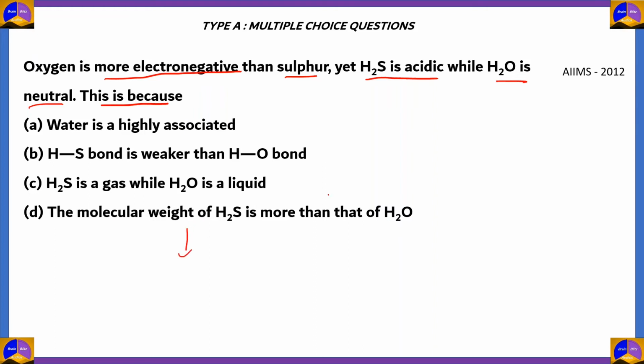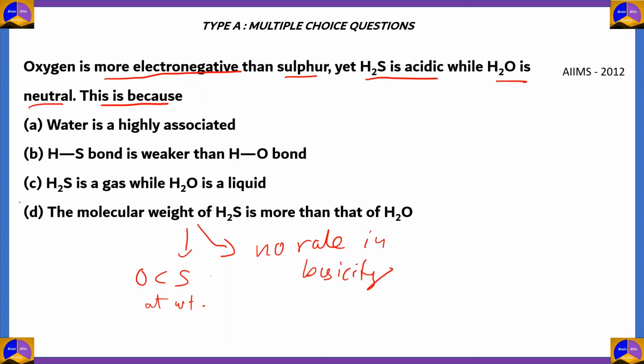Molecular weight of H2S is more than that of H2O, which is true because in group 16 elements, oxygen weighs less than sulfur in terms of atomic weight. However, atomic weight has no role in acidity. So therefore, option D is incorrect.